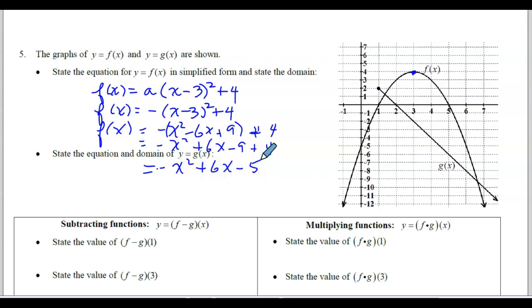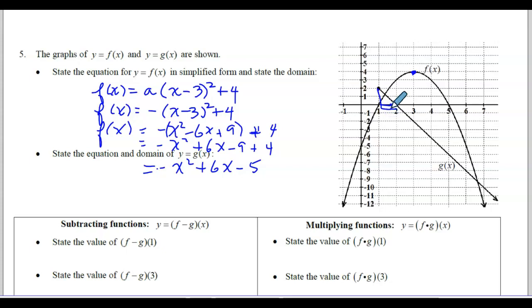Okay. Equation and domain of g of x. So g of x is a line, but it's starting at a point. So we're just going to give the equation of a line, and then that starting point is going to be defined by the domain. So if you take a look here, down 2 to the right 1, it's a little off there.